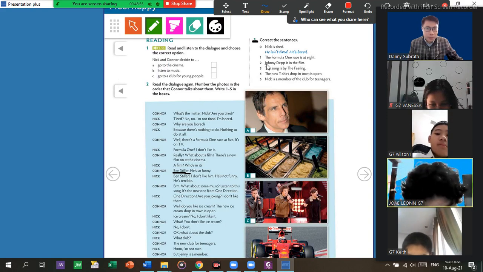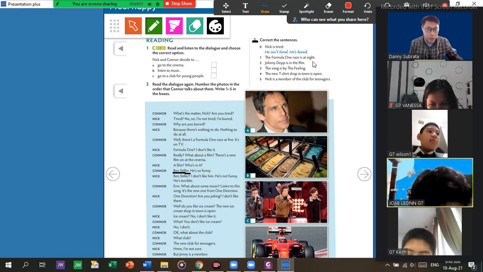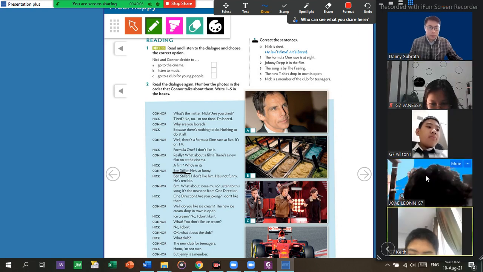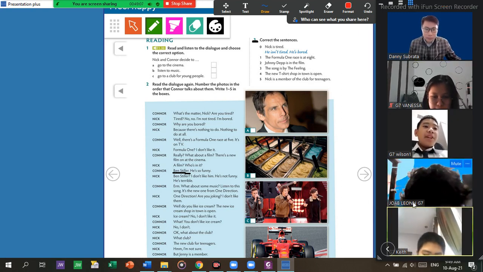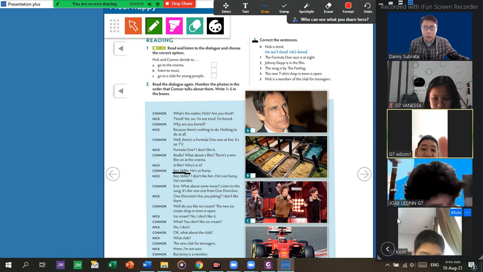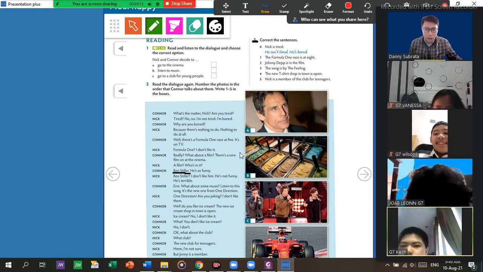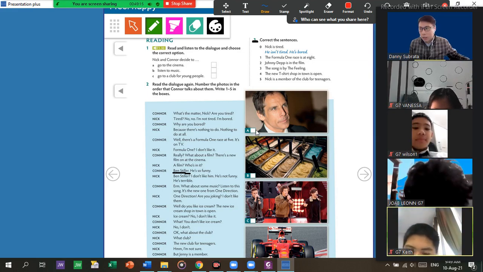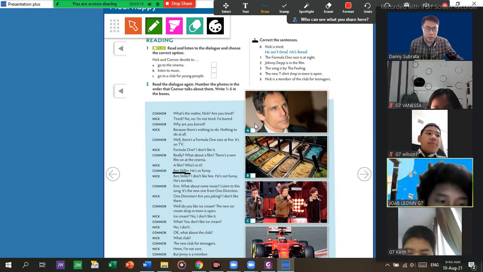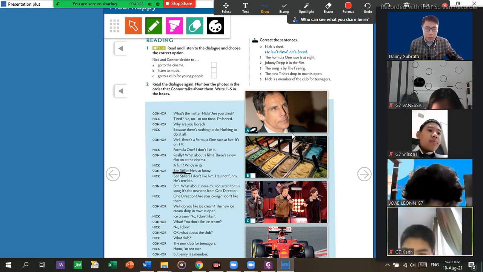So it said that number 2, Johnny Depp is in the film, but it's wrong. He isn't. Who is? Who is in the film? In the film, One Direction. Ben Stiller. Okay. Which picture is Ben Stiller? A. A is 2.